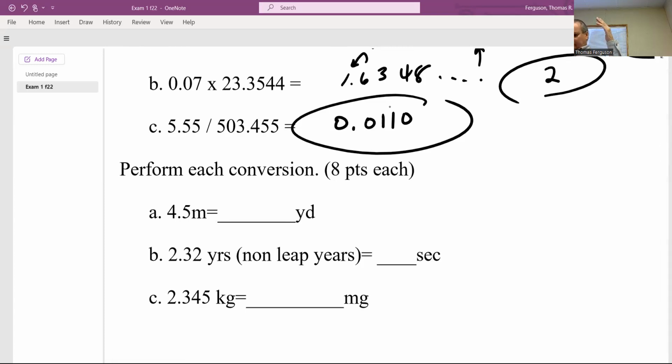Okay, so we're going from meters to yards.